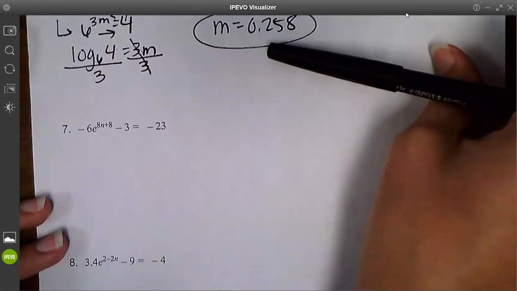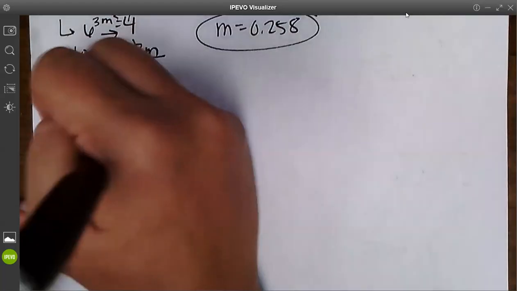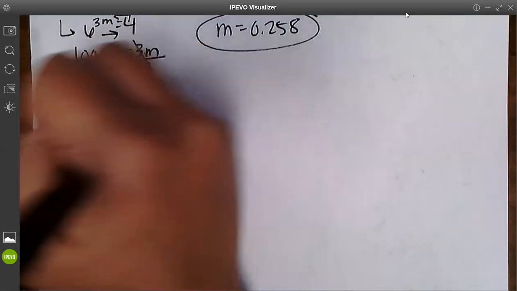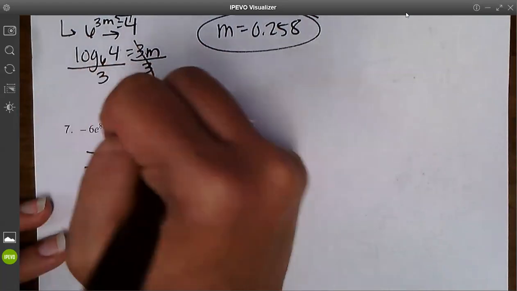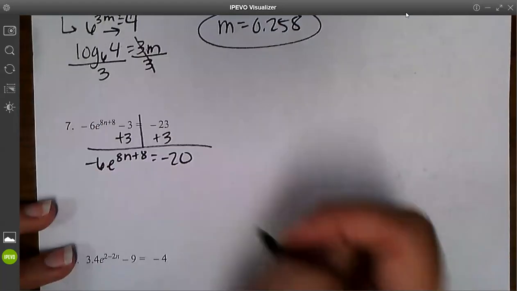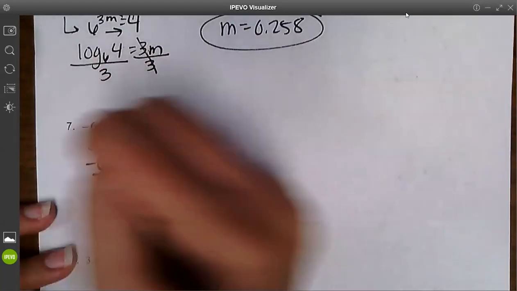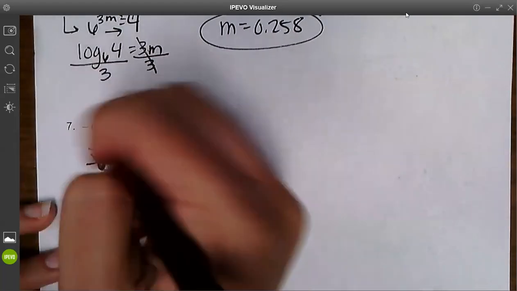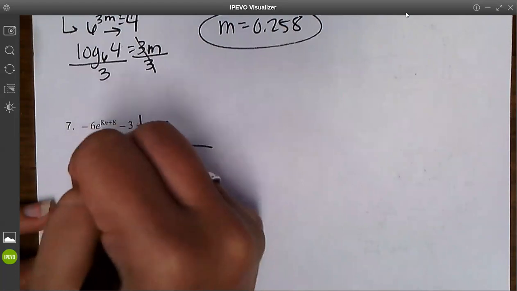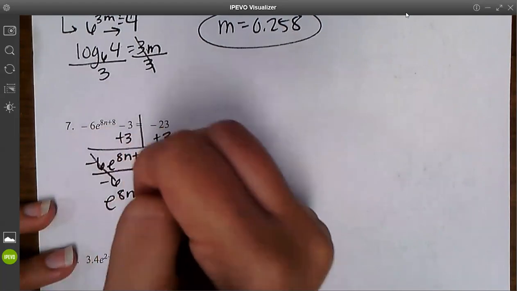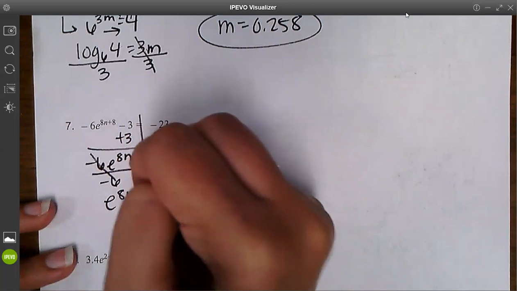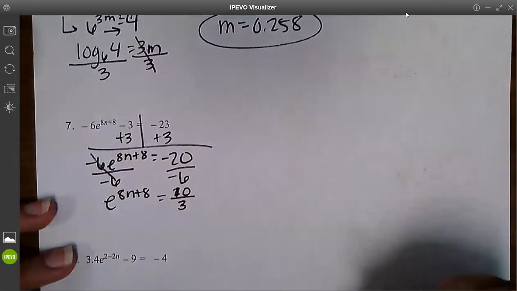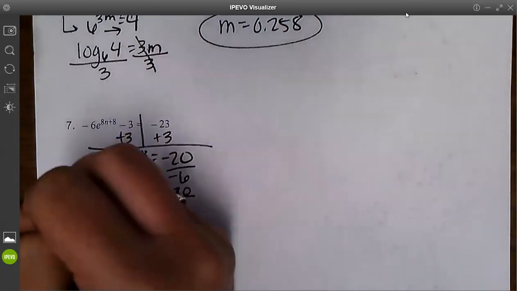Last two, undoing everything that's happening, add 3 to both sides. Negative 6 e to the 8n plus 8 equals negative 20. Divide both sides by negative 6. You have e to the 8n plus 8 equals 20 over 6, which simplifies to 10 over 3. Convert to logarithmic form.